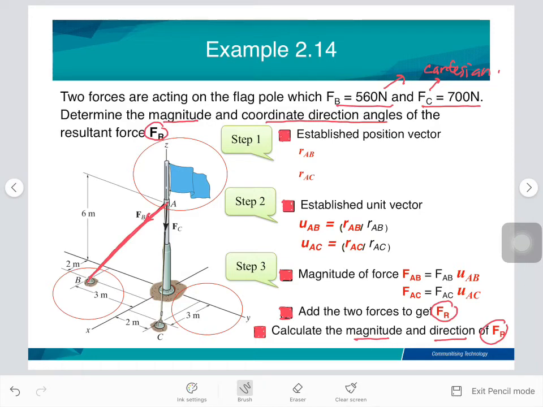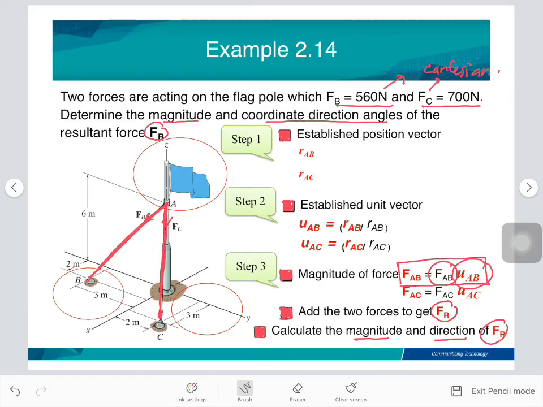And then that means here you can express the FB like this. So you can have in Cartesian FAB, this magnitude multiplied with the unit vector AB. And then second is this FC along the line of this cable A to C here.